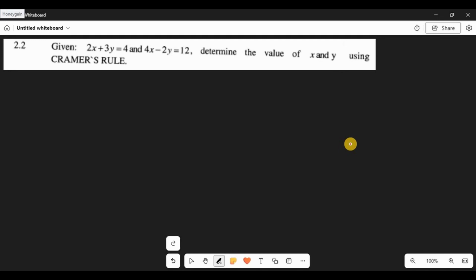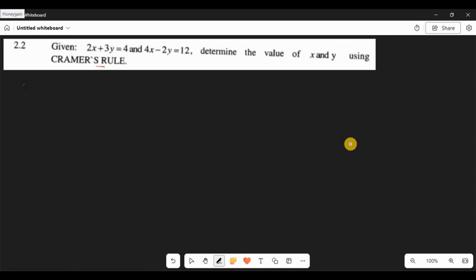So this is actually determinants and simultaneous equations, but now we need to find x and y using Cramer's rule. Now you need to know certain things about determinants. First of all, lucky enough, this is the second order of determinant, because we have two equations here. So what you should do is rewrite this in a format that you will be able to solve using determinants.